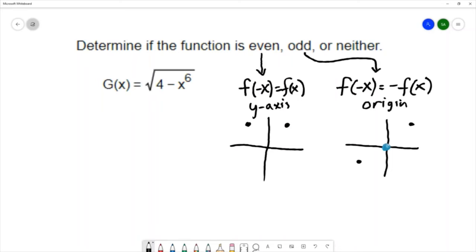For us to figure out if this function is even or odd, I'm going to do a calculation, and you'll notice in both definitions we use f of negative x as a part of the definition.